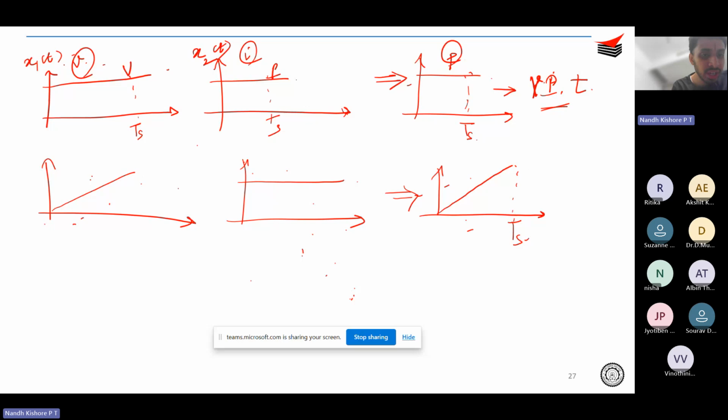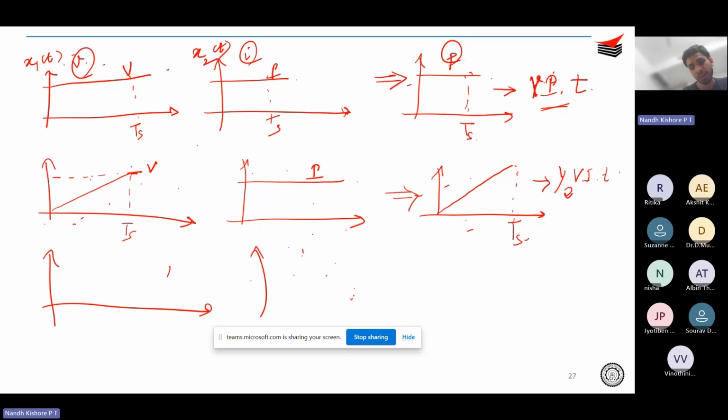So what you get is kind of a triangle, right? So what is the area of a triangle? Half into base into height. So this is your V, this is your I. Okay. So half into base into height. And this is conversely true as well. If this is constant and your I is increasing, you get something like this. Okay. Your voltage may increase or decrease or whatever.